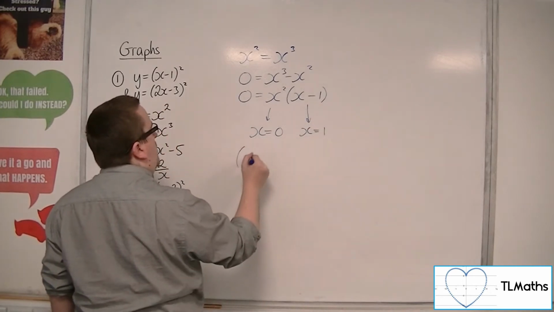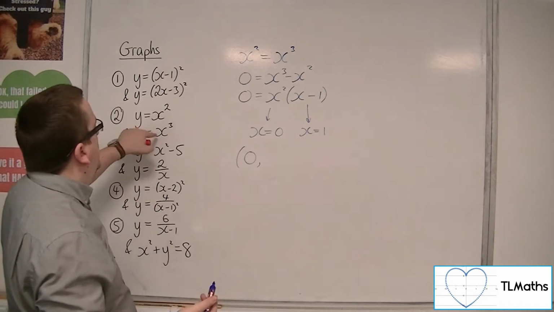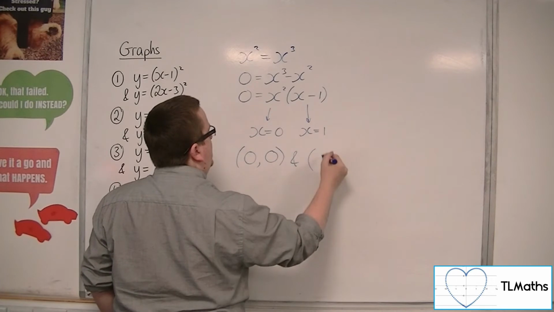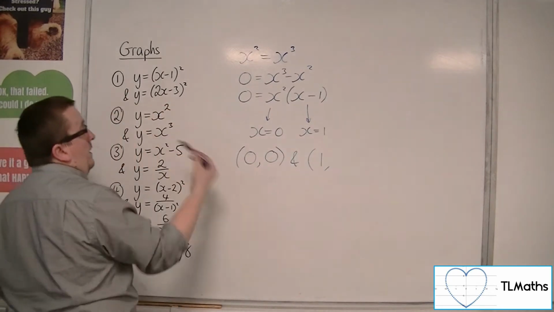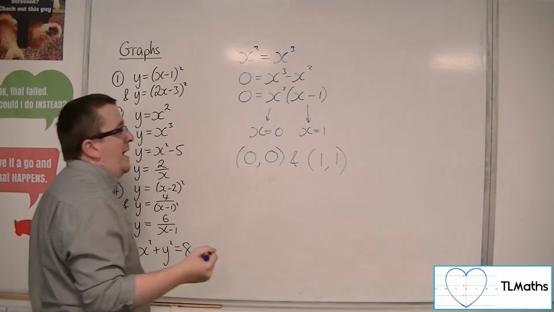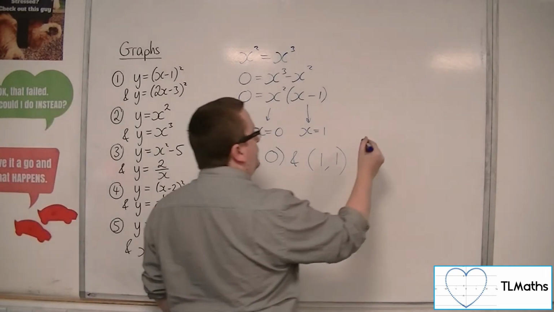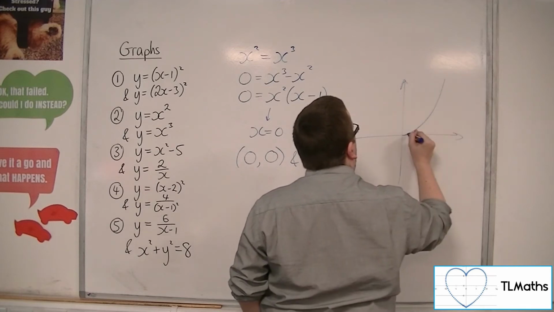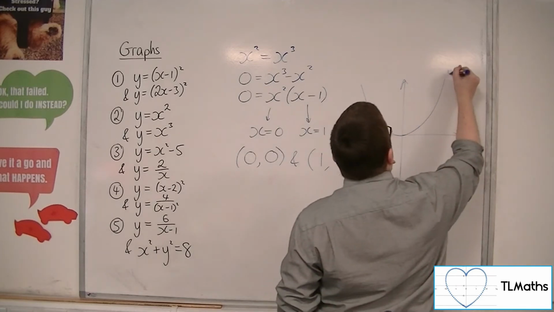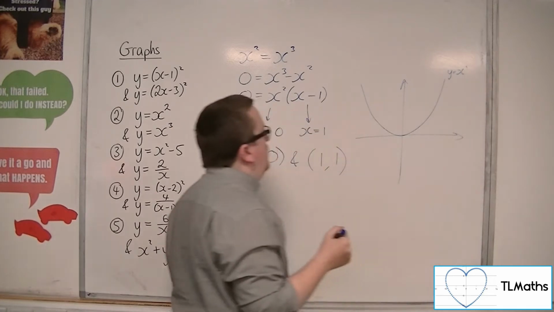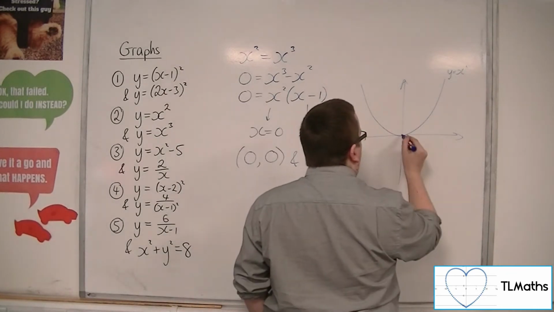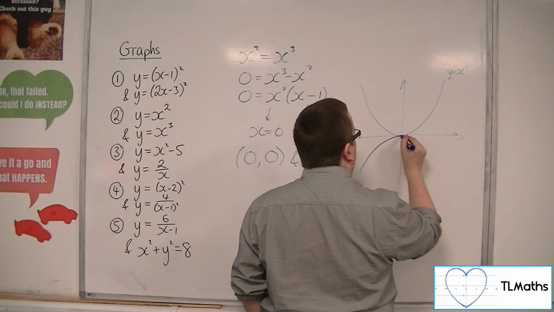Now if x is 0, I can just substitute that into either of the two original equations to get 0. And when x is 1, I can substitute that in and I would get 1. So we have two intersection points. Visually, we have the parabola y is equal to x squared, and then the cubic, y equals x cubed, which has its turning point at the origin, so that's where they intersect.